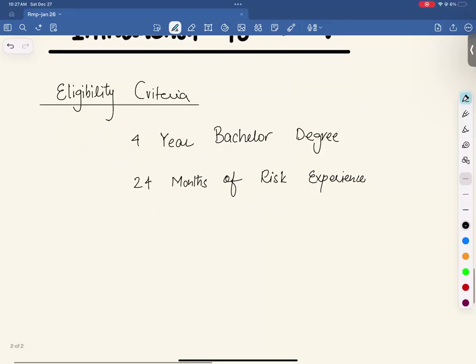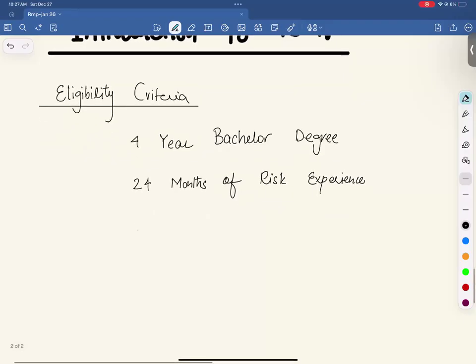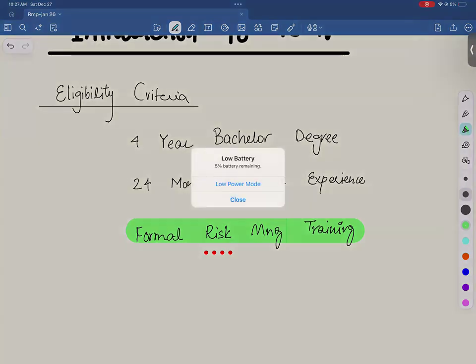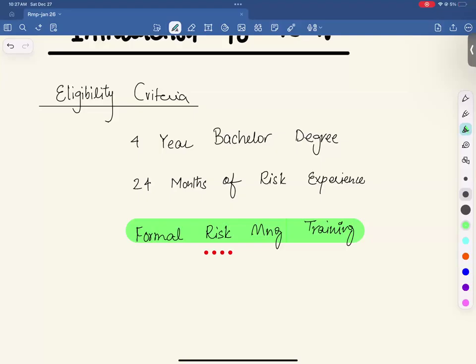And with that, you need to have risk management education, formal risk management training or education. This course will satisfy the third requirement. At the end of the course, you will receive a certificate verifying that you have successfully completed the required contact hours for the PMI risk management exam. So this is your eligibility criteria.